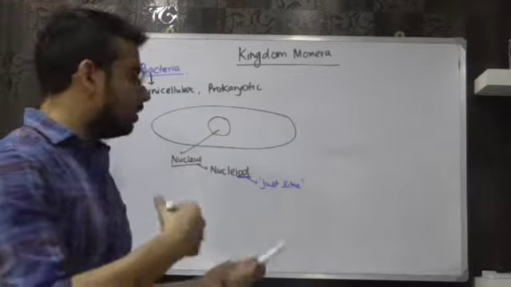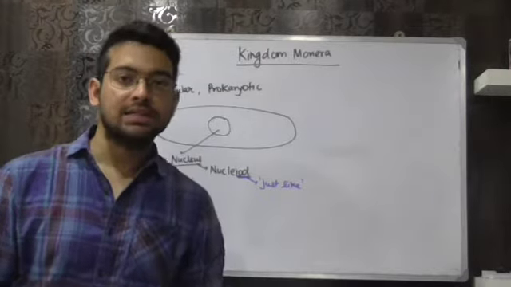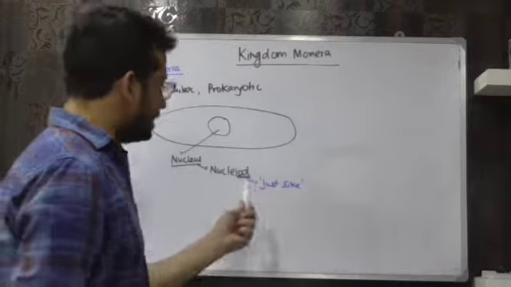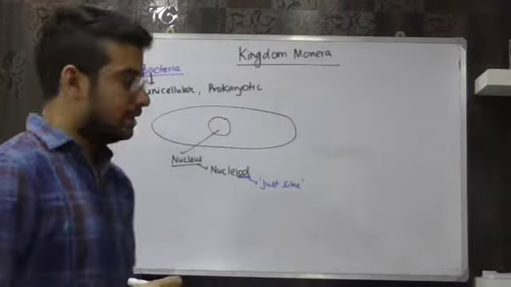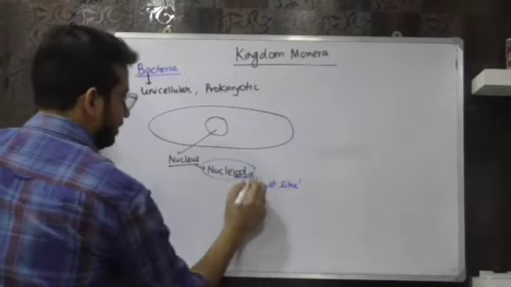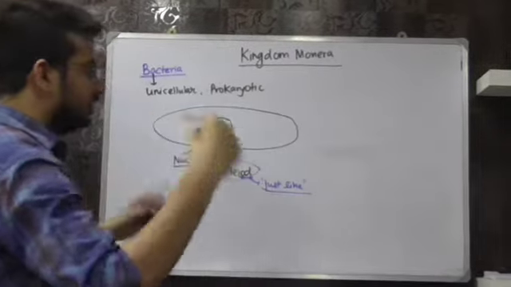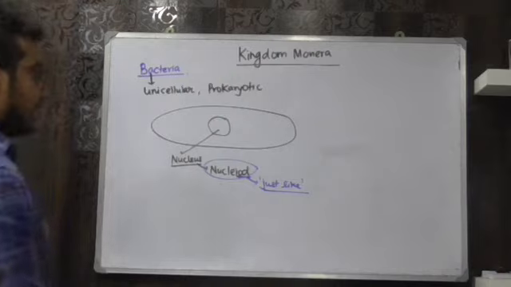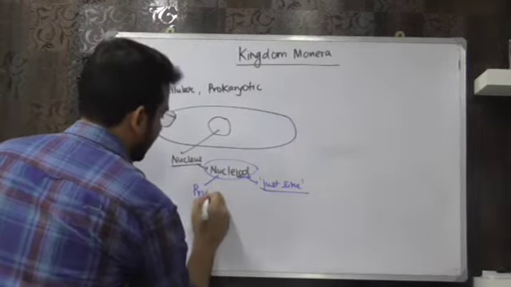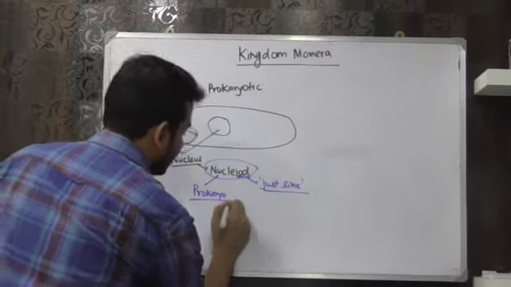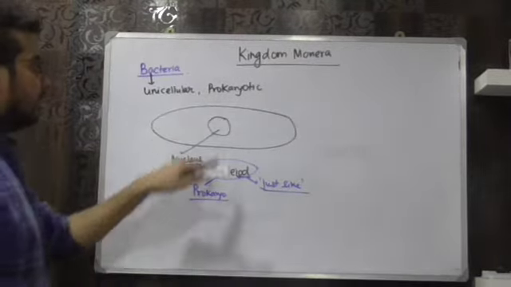It has not got all the functions which are present in a nucleus. It has got some functions, and hence it is just like the nucleus. It is not a perfect nucleus. So if I say nucleoid, I mean there is a structure which is similar to a nucleus. So nucleoids are present in prokaryotic organisms. And bacteria is one such example of a prokaryotic organism.